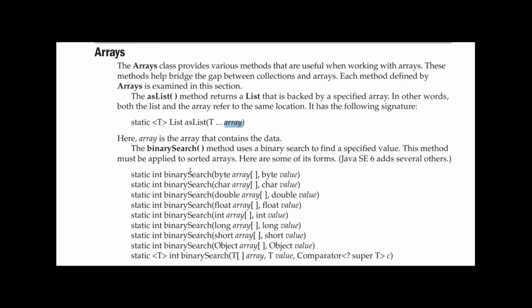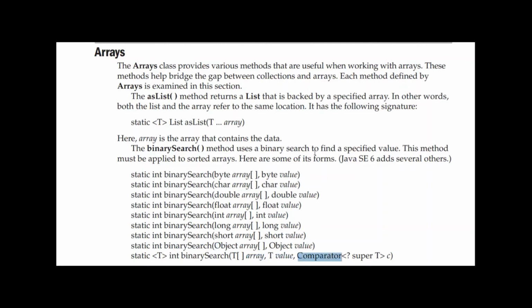The various overloaded variants of this particular method include binarySearch, where it takes a byte array for comparing byte value, character array, character value, double, float, int, long, short, object, and it even takes a binary search algorithm in the collection, that is array, value, and the comparator.